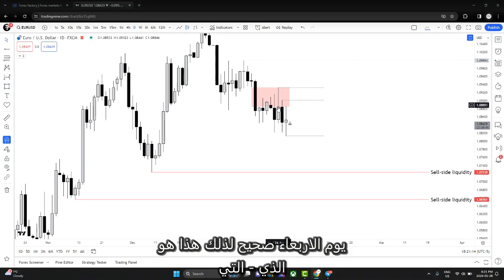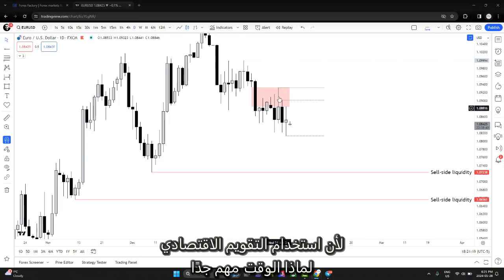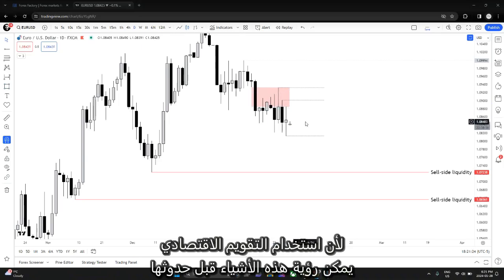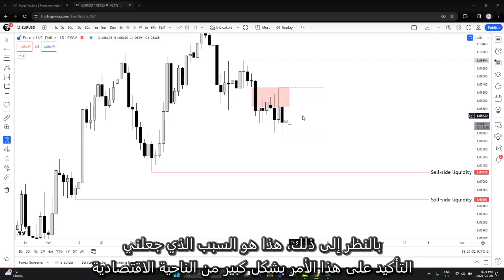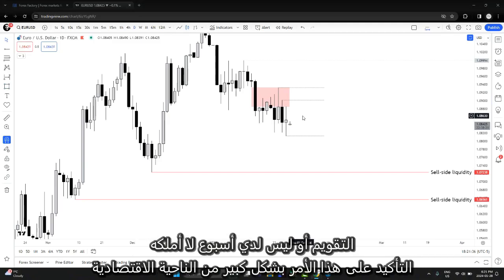So this is why time is very important, right? Because using the economic calendar, you can see these things before they happen. You can know what will more than likely happen on which day by just looking at that. That's why I've been stressing this so much, right? The economic calendar. I don't have a daily bias.